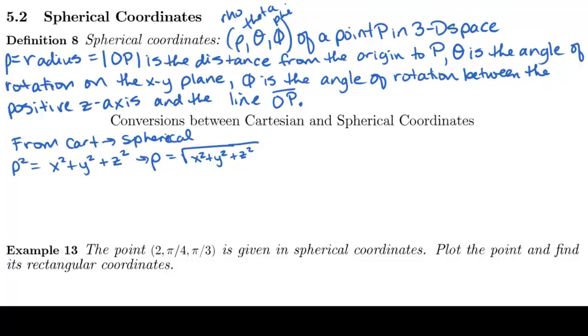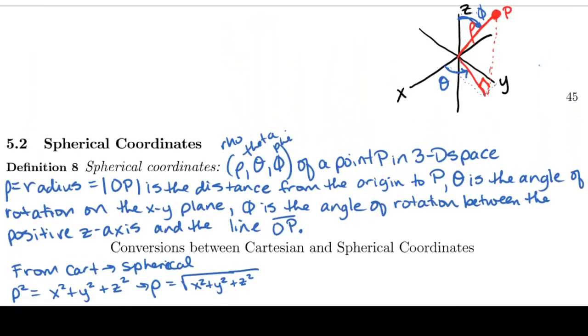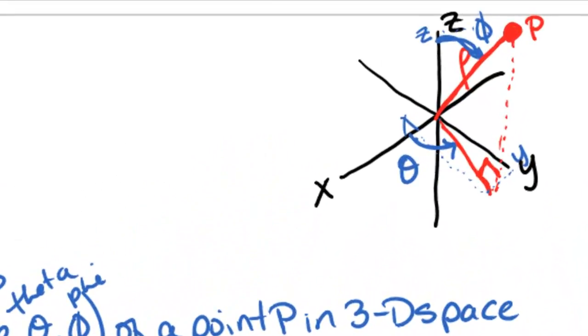The other pieces aren't too bad. Again, we've got theta and phi here. If you have your x, your y, and your z coordinates, you can find theta. You can see here that theta is related to x and y, but before you do that, you actually have to find what phi is. If you look at the triangle here, if you just look at your z coordinate, phi is here, rho is here, this is your z coordinate.